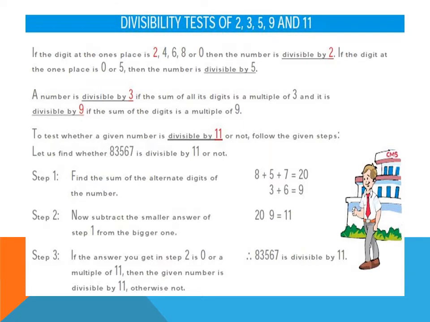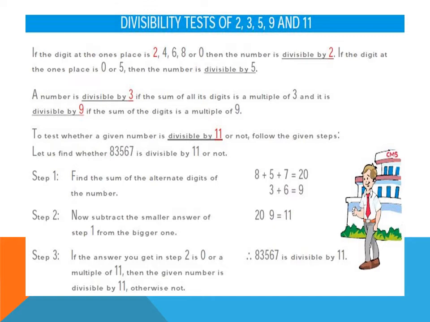Divisibility test of 2, 3, 5, 9 and 11. If the digit at the ones place is 2, 4, 6, 8 or 0, that means if the digit at the ones place is even, then the number is divisible by 2. If the digit at the ones place is 0 or 5, then the number is divisible by 5, as I already told you. Now, a number is divisible by 3 if the sum of all the digits is a multiple of 3.